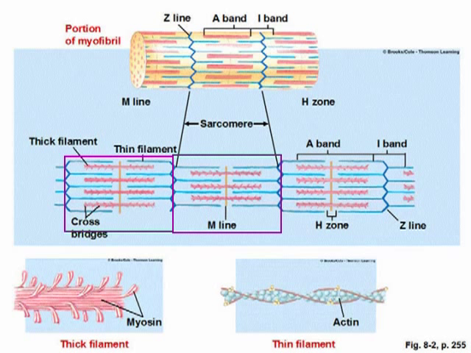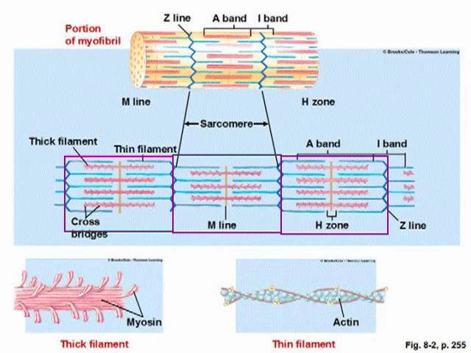And this here would be yet a third sarcomere right there. And so here you're looking at three distinct sarcomeres, or three complete sets of thin myofilaments and thick myofilaments.